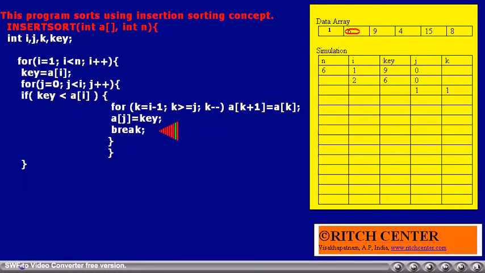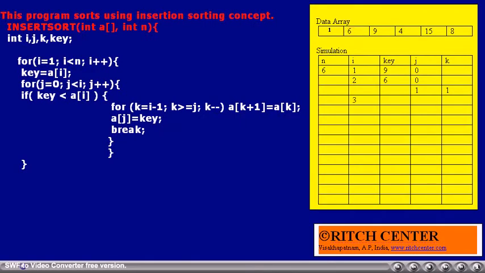Now the key value is stored in a of j. J value is 1. A of j is equal to key, that is 6 is now stored in a of 1. Now if you see the elements 1, 6, 9, they are in ascending order.